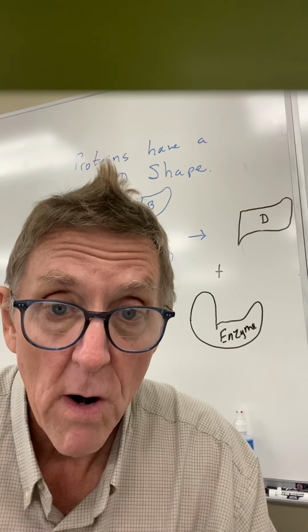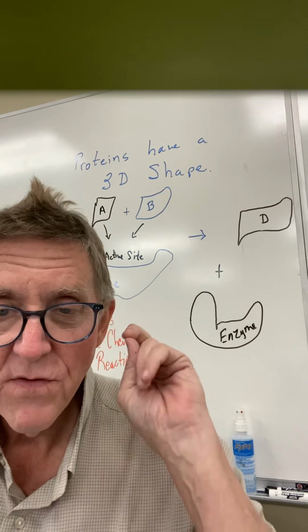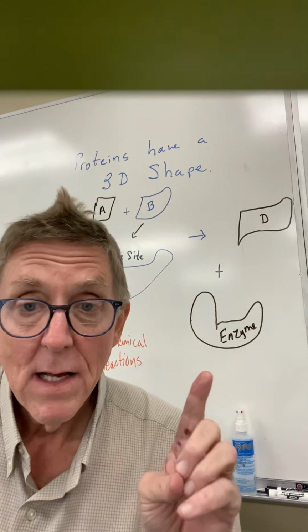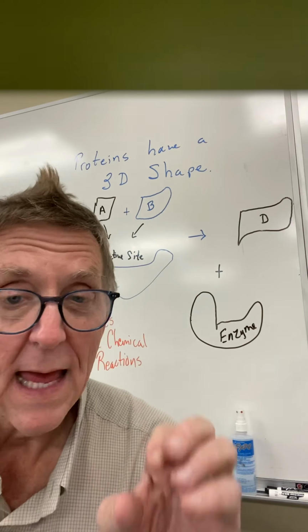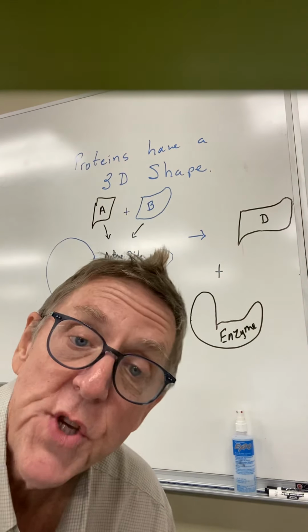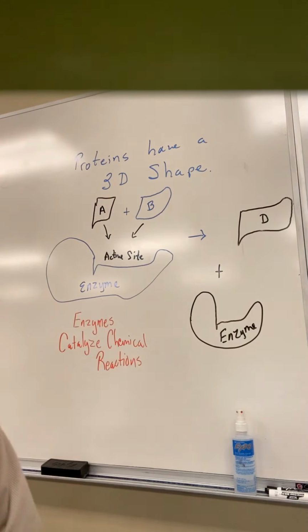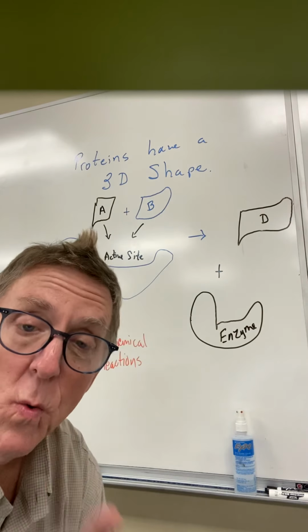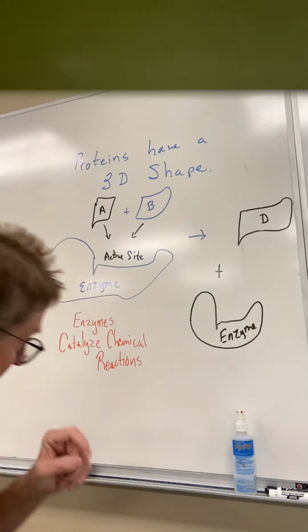So you don't need the burner. What happens is this: we said that some proteins are enzymes, and they have a three-dimensional shape. That shape is required for them to do their job. And what is their job? Their job is to speed up, to catalyze, chemical reactions.